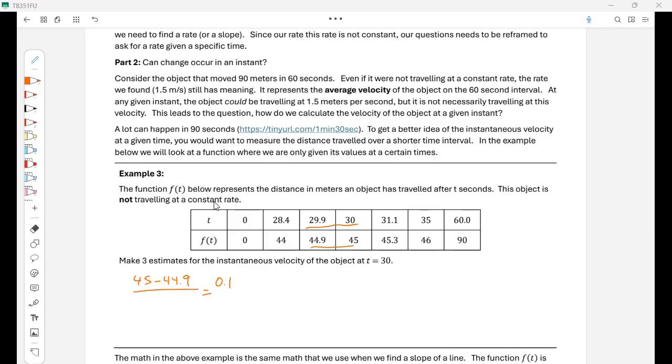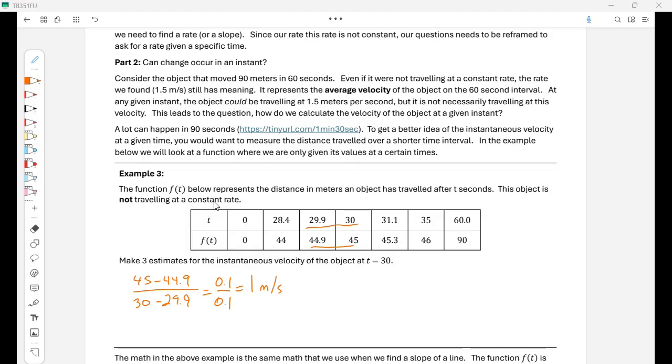And how long did it take it to go those 0.1 meters? 30 minus 29.9, which also happens to be 0.1 seconds. So for one estimate, we would say that our object is traveling 1 meter per second.